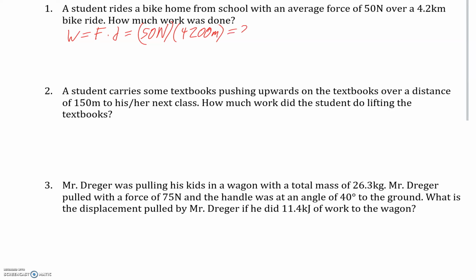So if we do that in my calculator, I get 210,000 joules, which we might write as 210 kilojoules. Or in this case, because we've got 2 sig digs, we would need to write it like this: 2.1 times 10 to the 5 joules. And that would be our final answer.